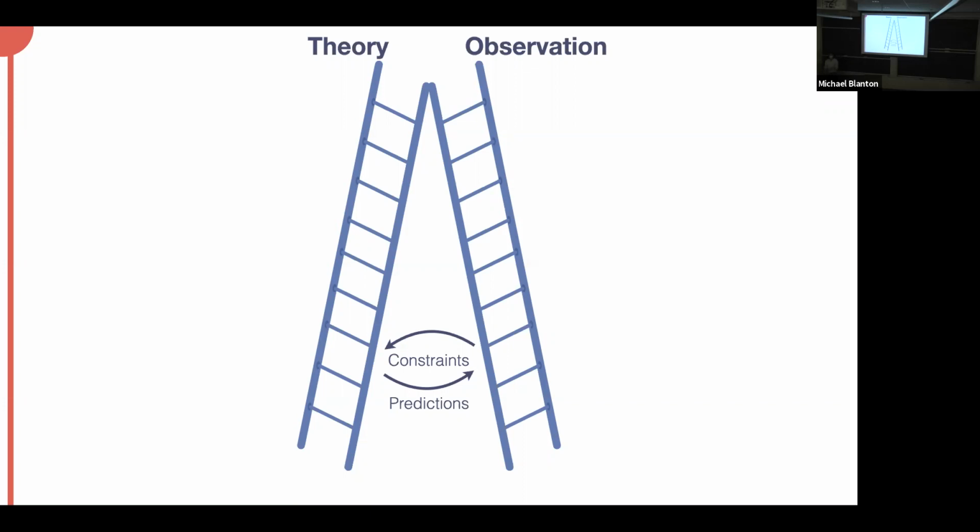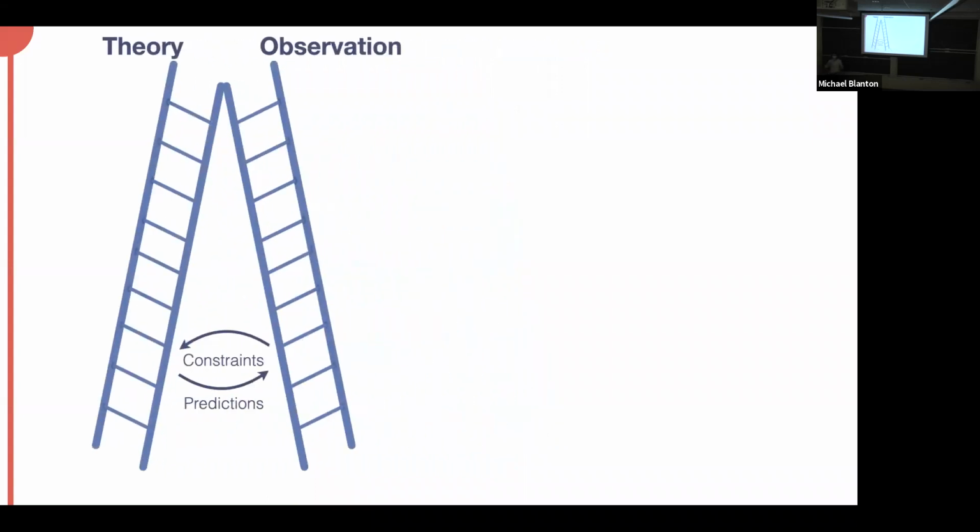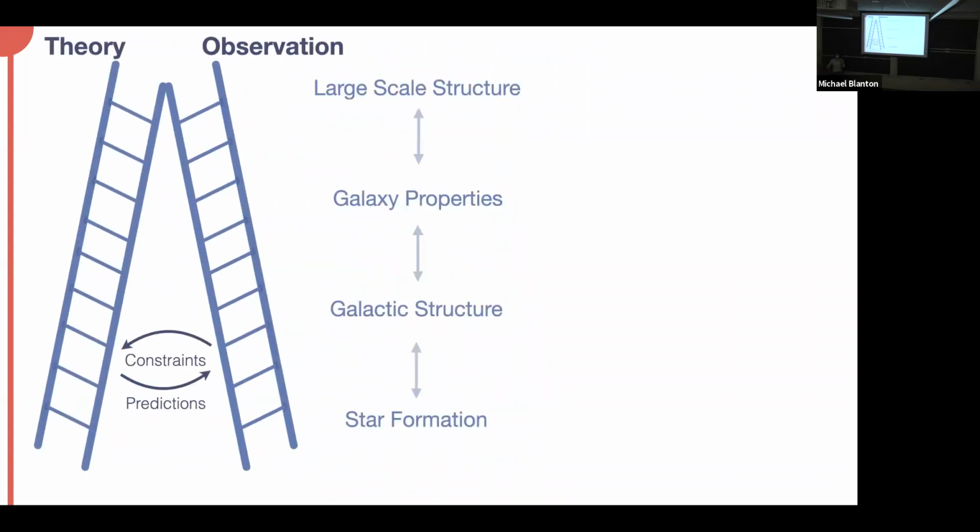And then those same observations can go back and constrain what we know about physics from a theoretical perspective. And then if I extend this analogy a little bit further, I can think of each rung of the ladder as perhaps a different scale of physics that are all interconnected. So if I start at the largest scales, think about large scale structure, going down to galaxy properties, down to galactic structure, and then all the way down to star formation.